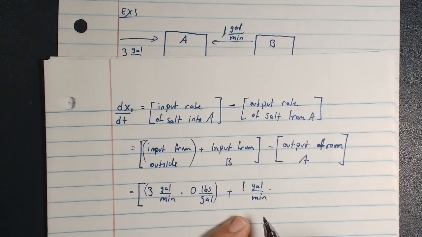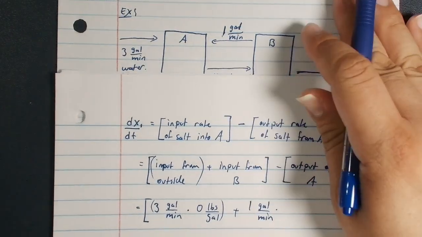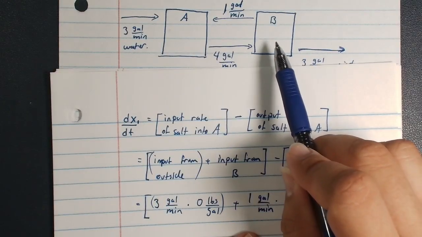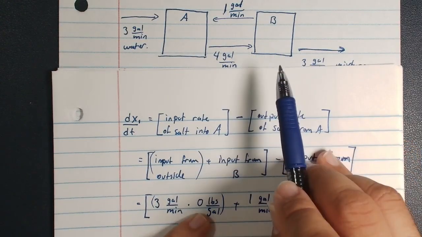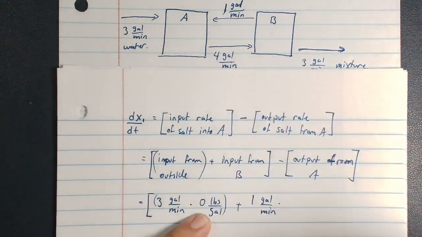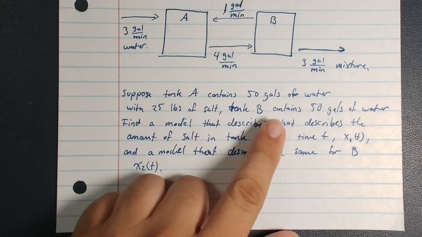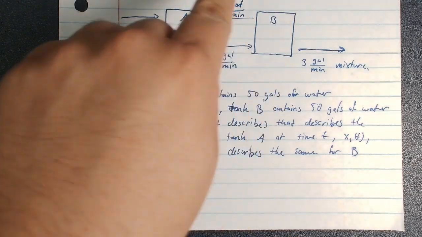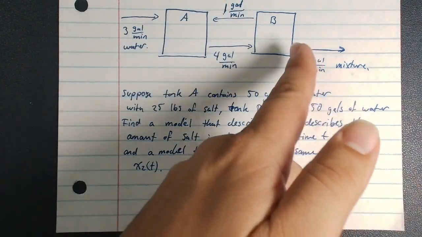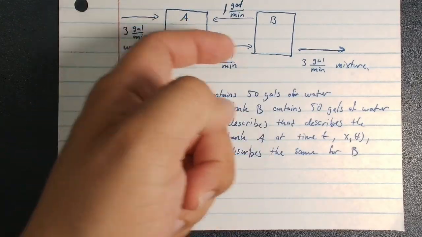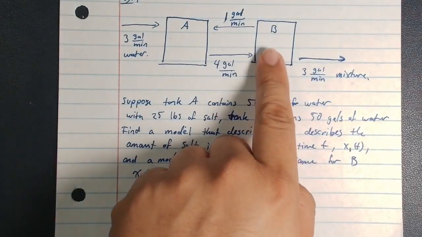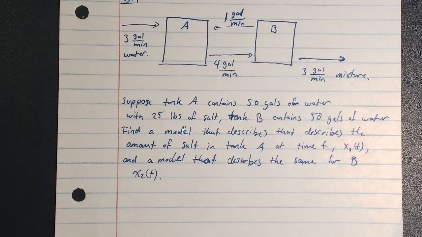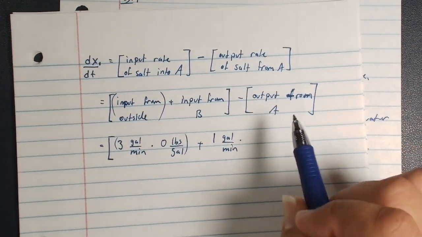Times, remember it's a rate, so you're multiplying those, times, well, how much salt is in tank B? Well, we can't just give a nice number like 0. We don't actually know. Now, some of you might even think, well, no, you said tank B holds just pure water, right? Yeah, at first, but as the system starts to circulate, it's going to change. Some of this salt's going to come in here, and this will have some concentration of salt. It may be a low concentration, but it is a concentration other than 0. So here we can't just say times 0.